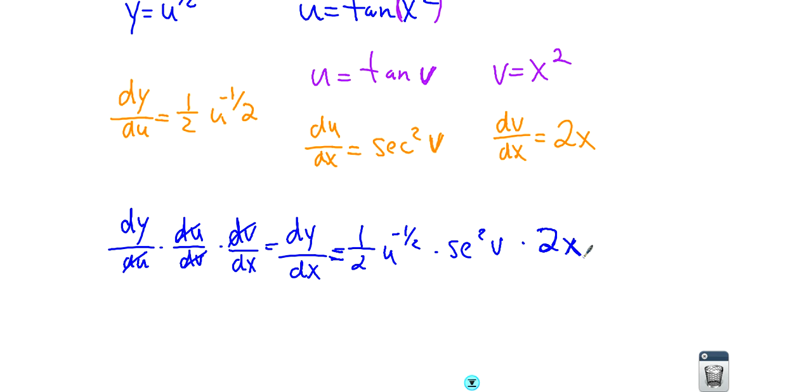And then we can't leave it with u's and v's in here, so we get 1 over 2 square root, and remember what u is, that's tangent x squared, times secant squared, and what v is my x squared, times 2x.